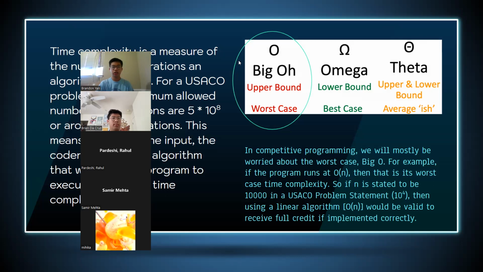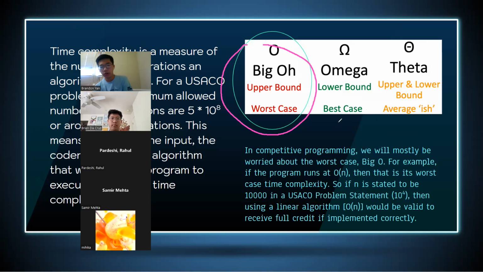And here on the top, I highlighted 3 essential terms, but in terms of USACO, the one on the left is the most useful, and I'll explain why. The other 2 are just useful to know for theory in general, because on a higher level you might need to know this theory. So let me start from omega.